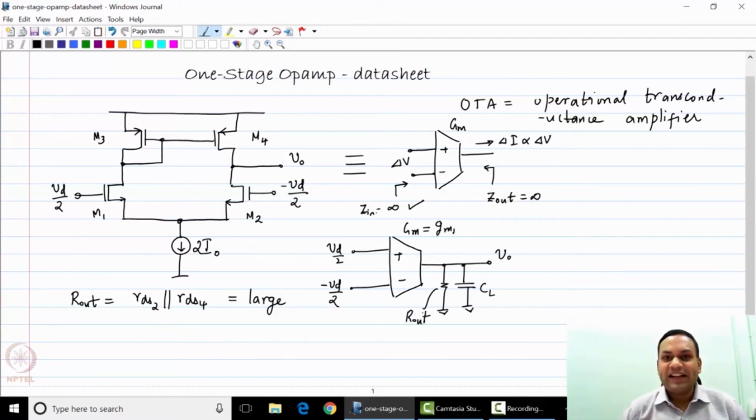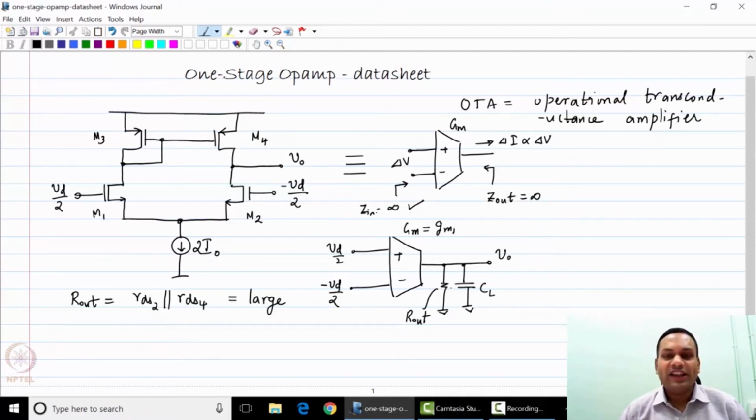So this is the representation of the one-stage op-amp with idealized components. So you have a transconductor representing the Gm of the op-amp, an output resistance R out, and the load capacitance at the output node, which is CL.